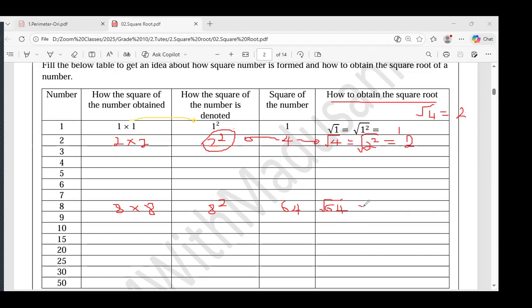How can you write it? Go backward. 64 can be written down as 8 to the power 2. Take the square root: the square root of 8 to the power 2 means 8.